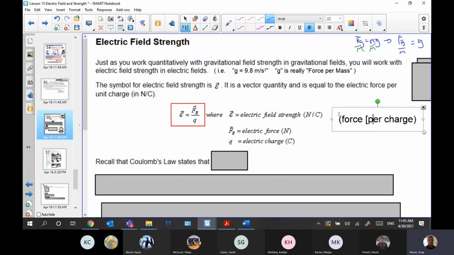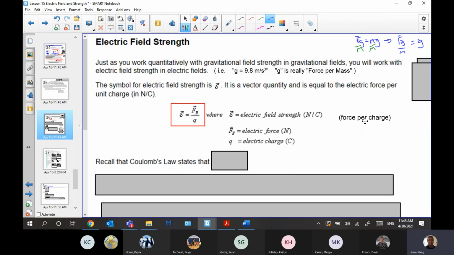All right, so force per charge. And of course, Fe is the electric force that we calculated in all sorts of examples yesterday in the homework. Q is, of course, electric charge, right? So field strength, how strong it is, how much force there is per charge. The next step is to combine a previously known equation, which we know that Fe is really kQQ over r squared, right?